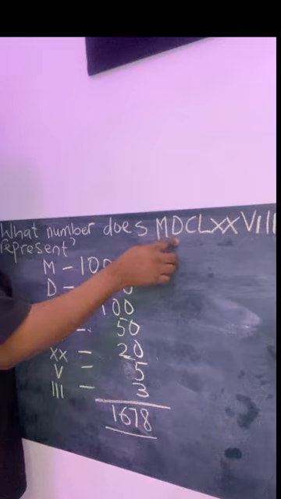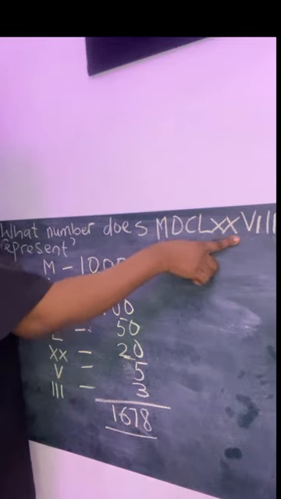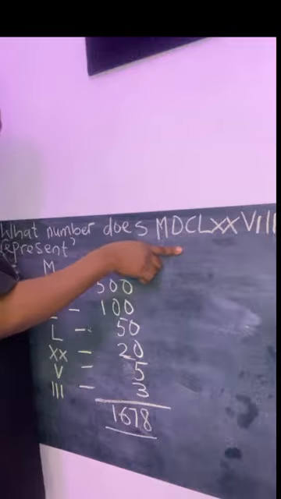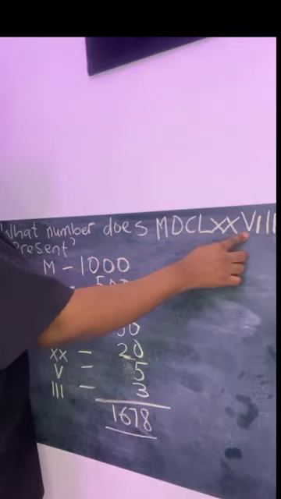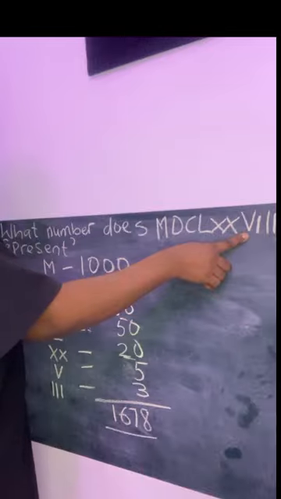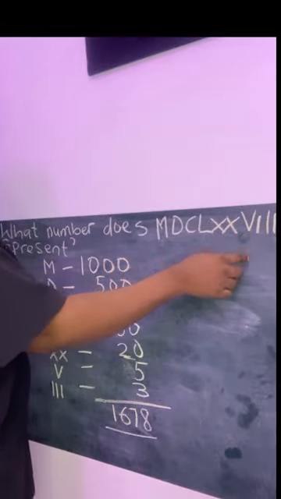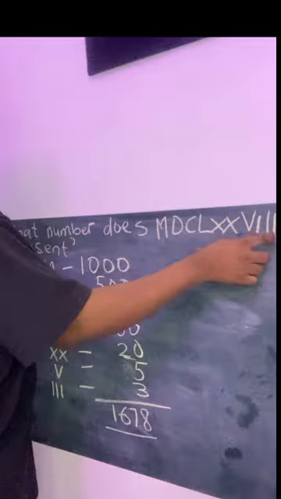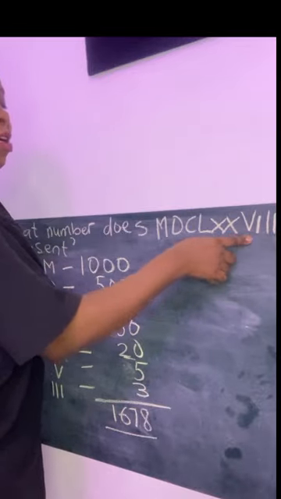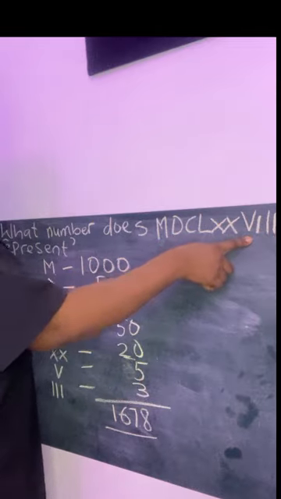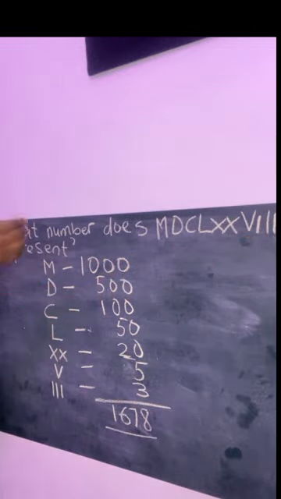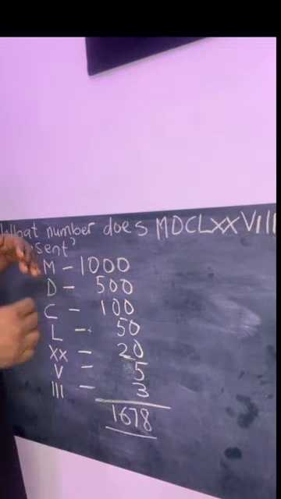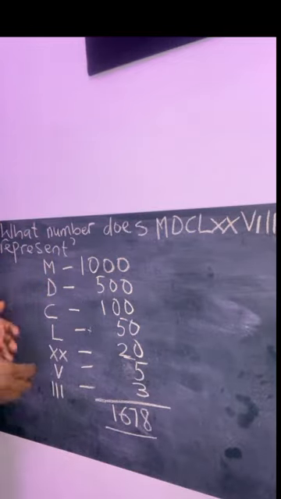So 1650 plus 20 will give you 1670. Are we getting it? Plus 5 is 1675. Plus 1, 2, 3, that's 1678. Whichever method suits you or helps you get it better, work with it, but make sure at the end you get the correct answer.